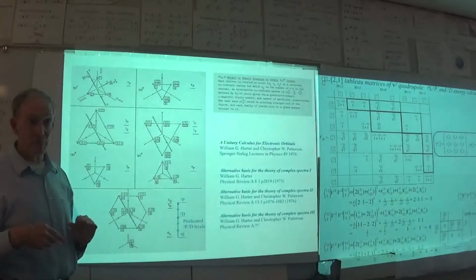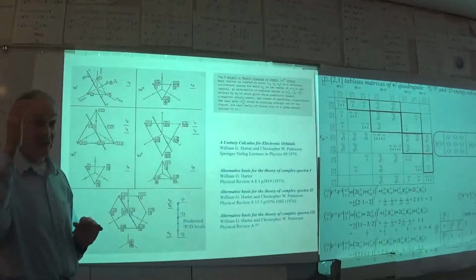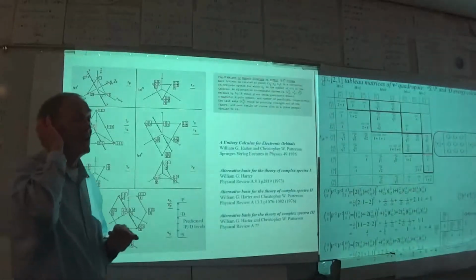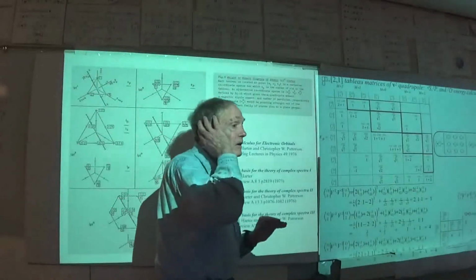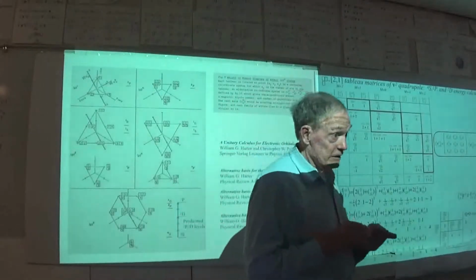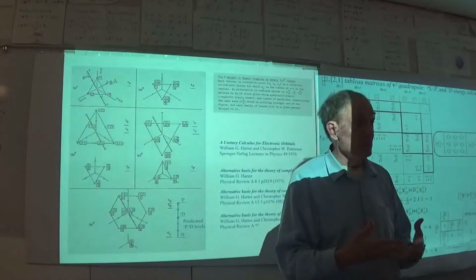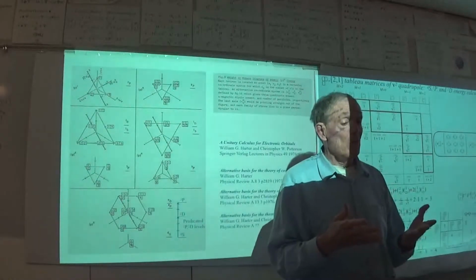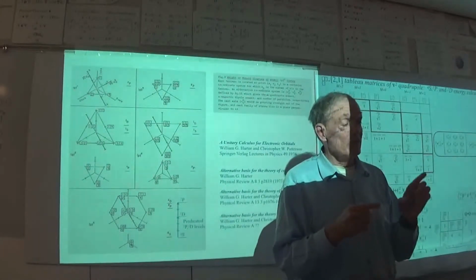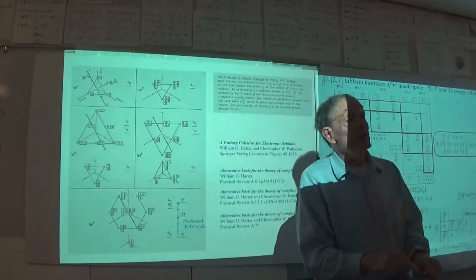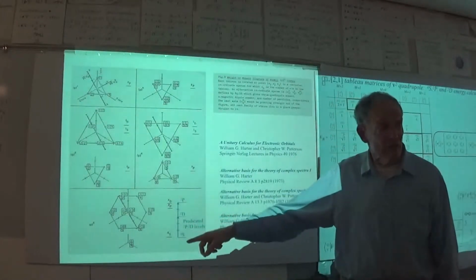Dr. Harter, does that make sense? You said completely anti-symmetric for the vertical one? Absolutely. Three particles. Yeah, we're going to talk about that in the next lecture, because we still have to put spin in, and one of the ways we do that is we put the orbit and the spin together. That's orbit.